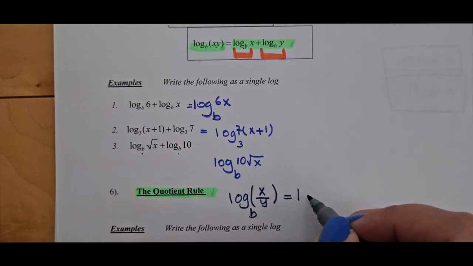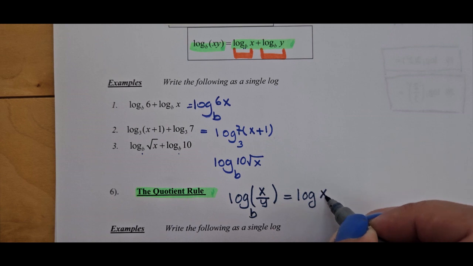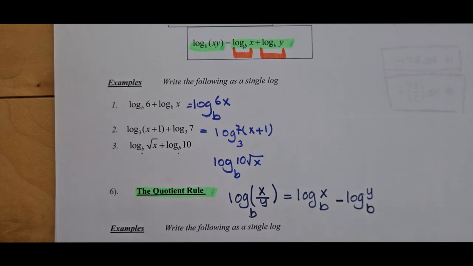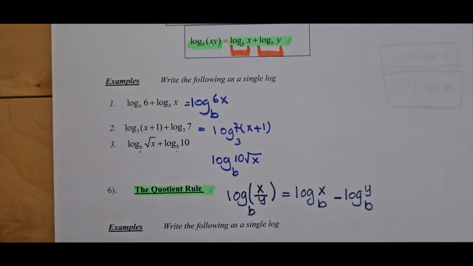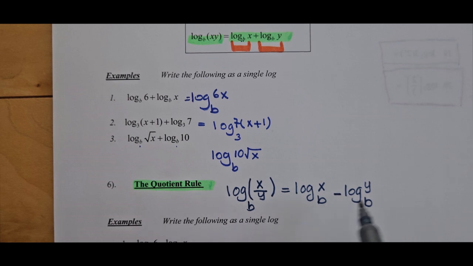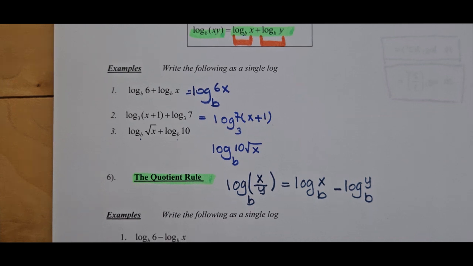On this side, you would have log x to the base b minus log y to the base b. So again, it's very important that all of them have the same base. If they don't have the same base, you can't do anything unless you convert the bases, right?